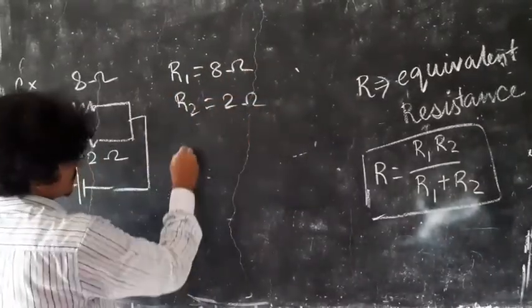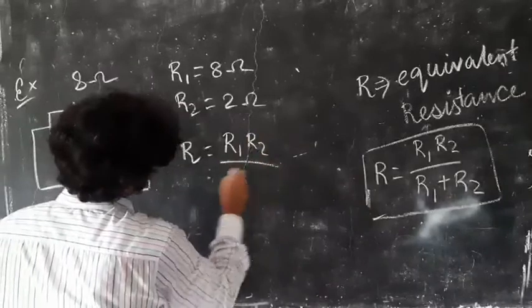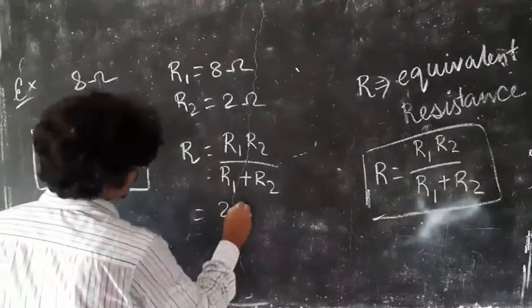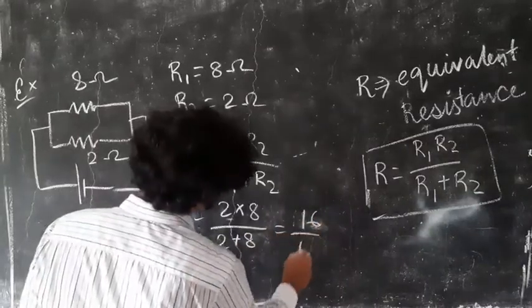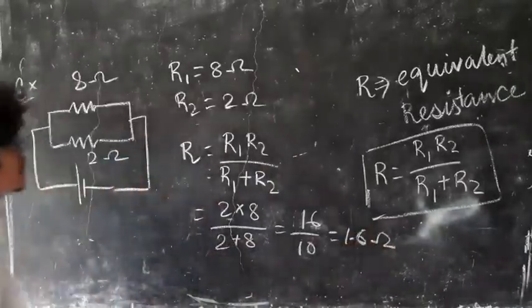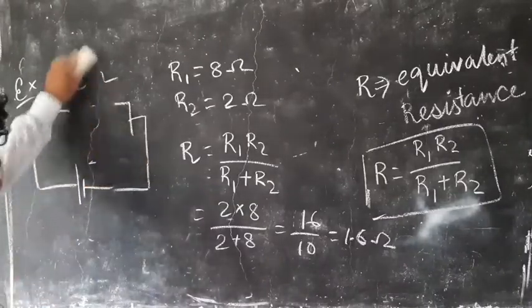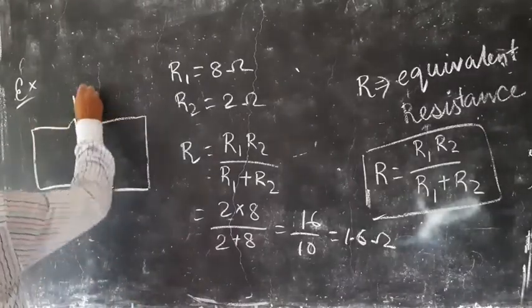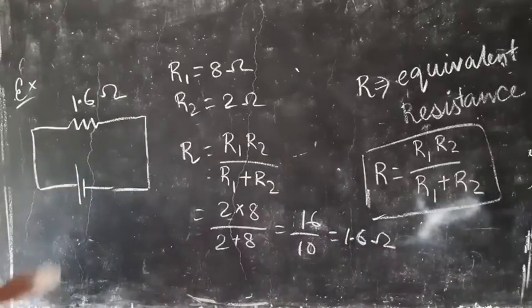We have to find the equivalent resistance. Equivalent resistance is R. Let us use R equal to R1 R2 by R1 plus R2. Now substitute the values: 2 into 8 by 2 plus 8. That means 16 by 10, that means 1.6 ohm. So we can replace these two resistances by a single resistance equal to 1.6 ohm. So this is the equivalent resistance of the circuit.